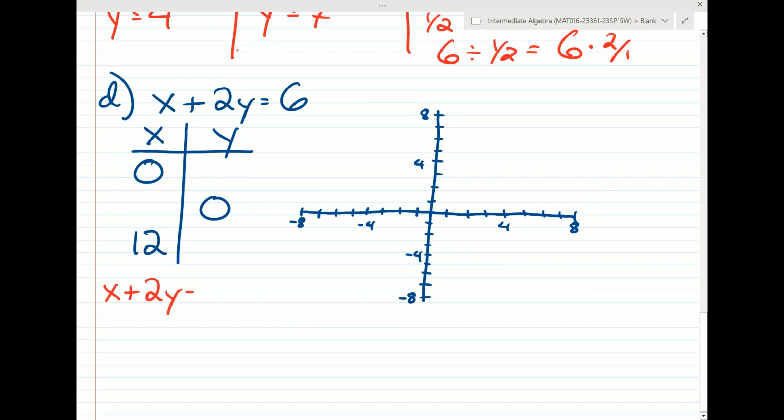So if x plus 2y is 6 and we're plugging in 0 for x, we just get 2y is 6, or y is 3.